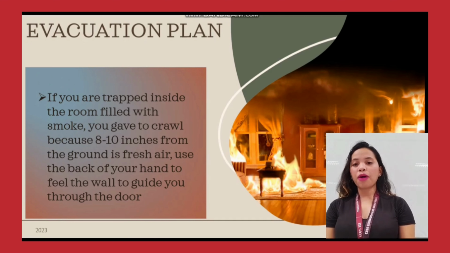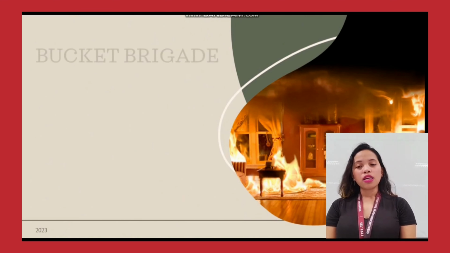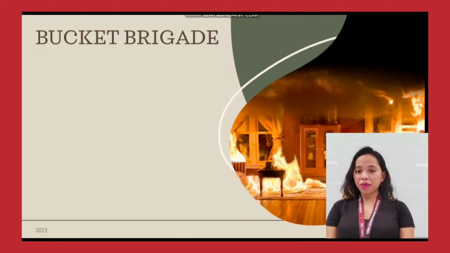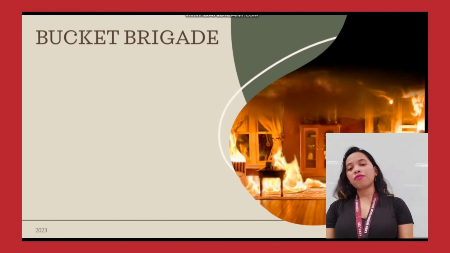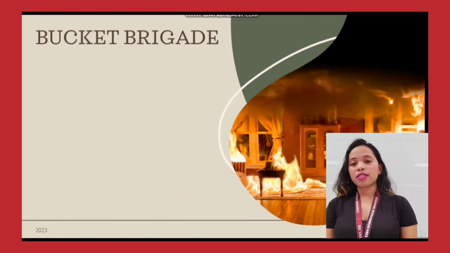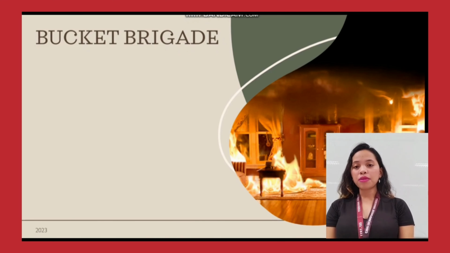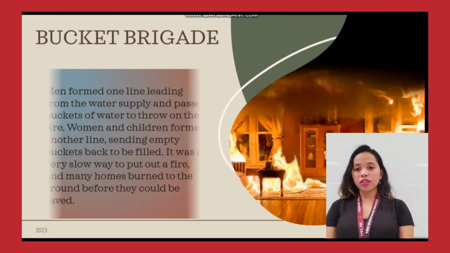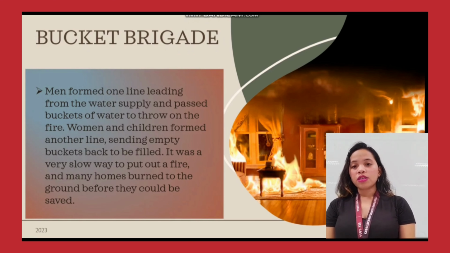So what is a bucket brigade? I know you are already familiar with this, because if there is a calamity, for example a fire, and we are still waiting for firemen to come, civilians or people will help each other gather water so that they can eliminate a little of the fire and prevent it from spreading to the neighborhood.